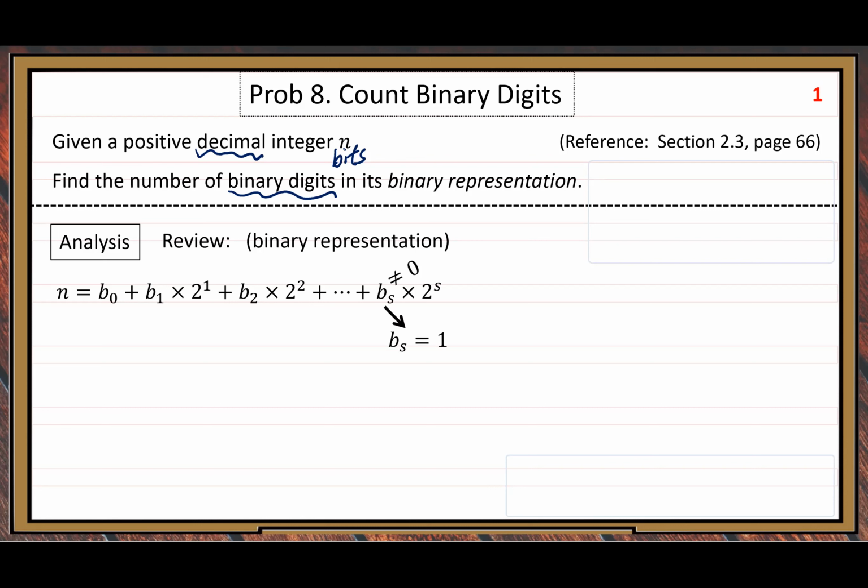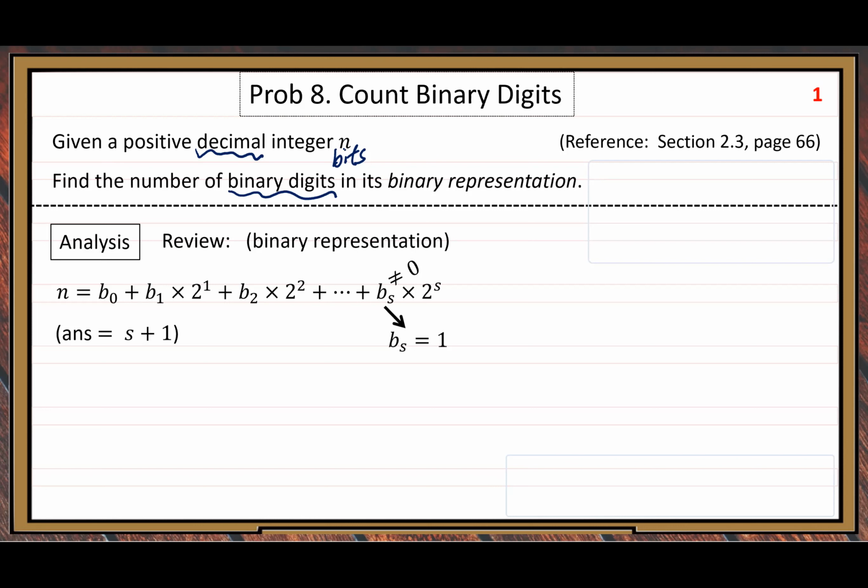So that means V sub s must be 1. If it cannot be 0, it can only be 1. Now let us look at the answer in this representation. We can immediately get our answer expression, that is s plus 1.